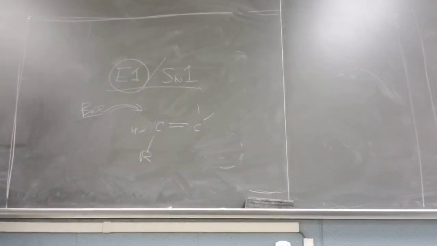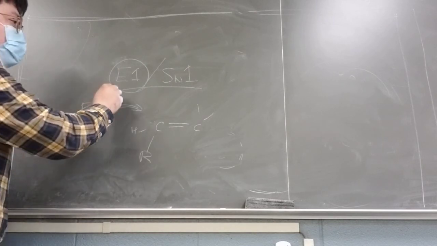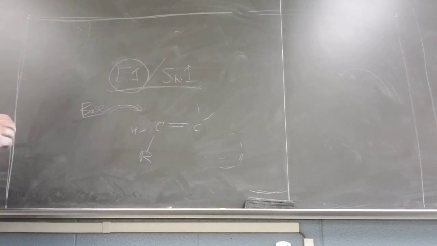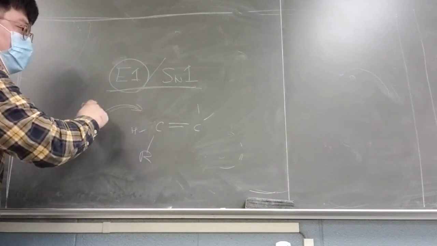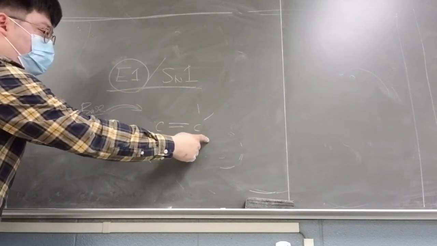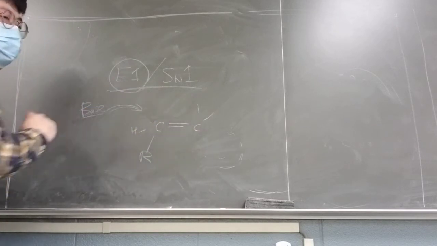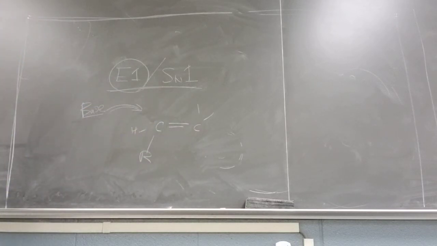If it works this way, it's an E1 elimination, which is very similar to SN1. But the only difference is now they're taking the hydrogen instead of substituting where the leaving group was. That's the only difference between these two. Okay, makes sense, right?